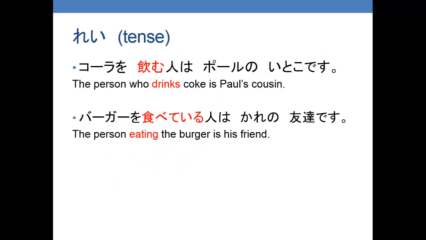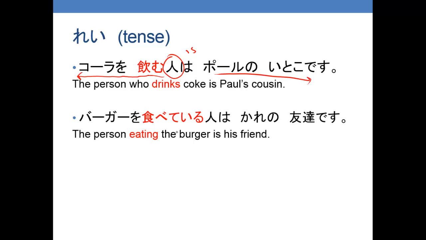For these examples, it's considering tense even further. You've got Kola o nomu hito wa Poru no itoko desu. The subject of the sentence is a person that drinks, present tense of the verb, moving backward, cola. So the person that drinks cola is Paul's cousin. Next one.